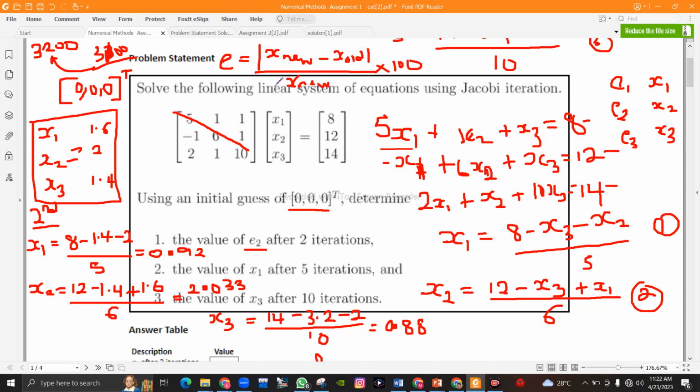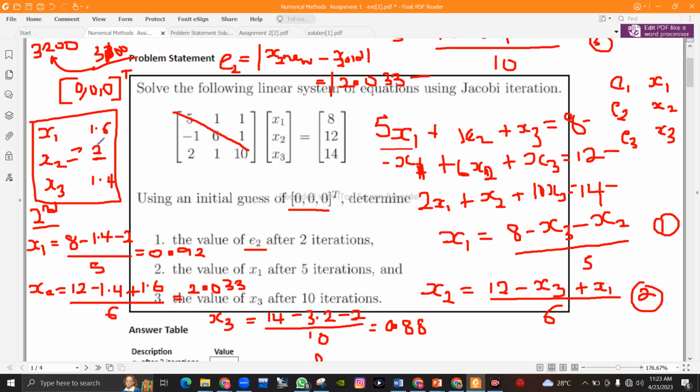So since we're not looking at the percentage, let's go to our formula again. This error 2 that we're looking at means we're talking about x2 and x2. So what's the x2 new? Our x2 new is this 2.033, minus our x2 old. This is the old value of x2, not the 0 that we got. That was the previous value.